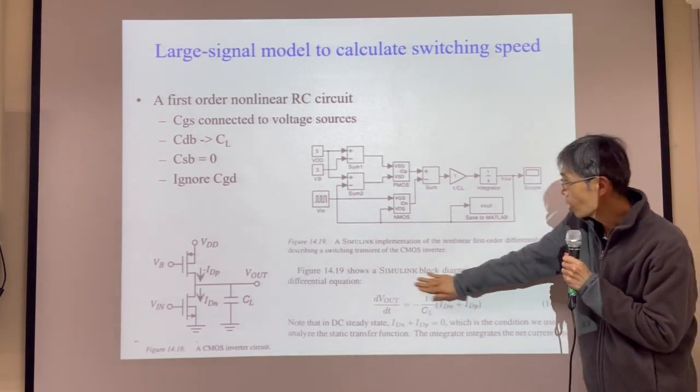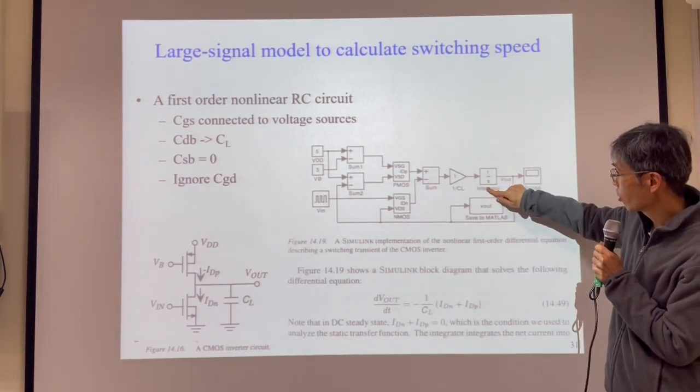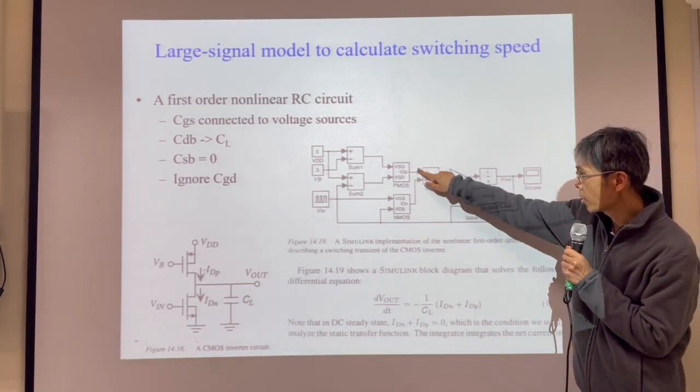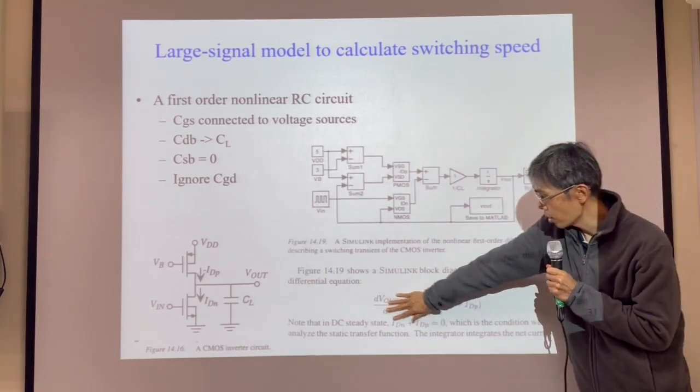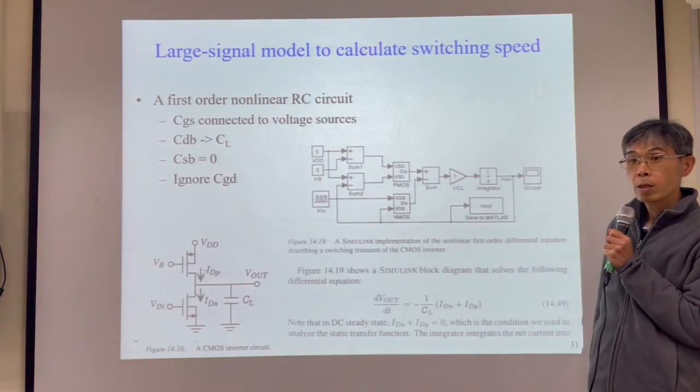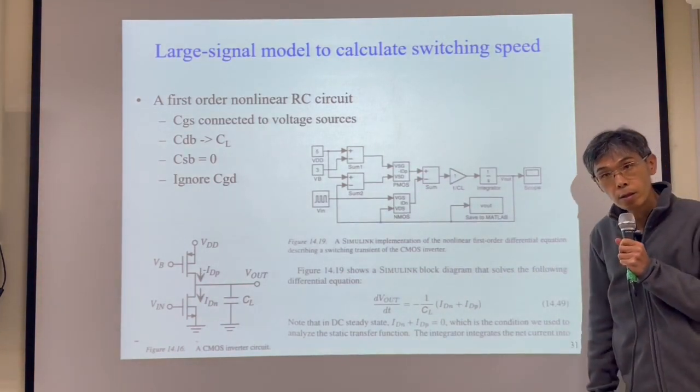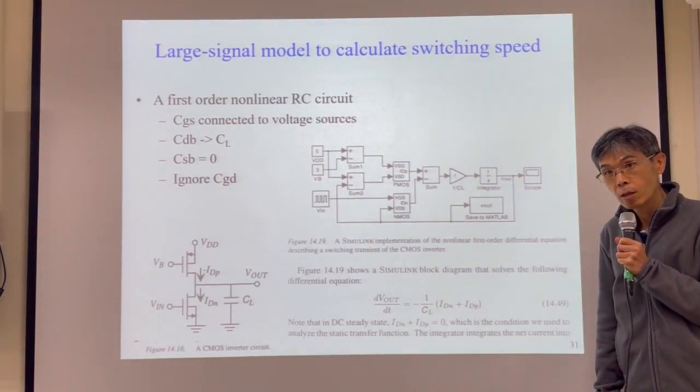This equation is here: integrator, gain, and this is the sum. So these three blocks represent this differential equation. Do you understand?